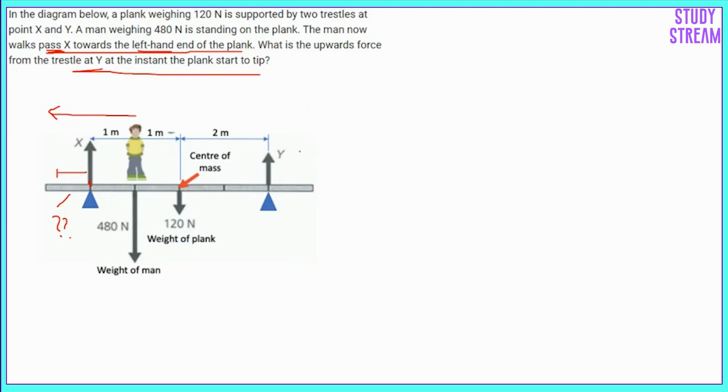I'm going to take this diagram here, and we can say our Y is applied here. This is our Fy, still in the same spot. The 120 is exactly in the middle as well. This is our 120. This is 2 meters, and the distance to x is still 2 meters.